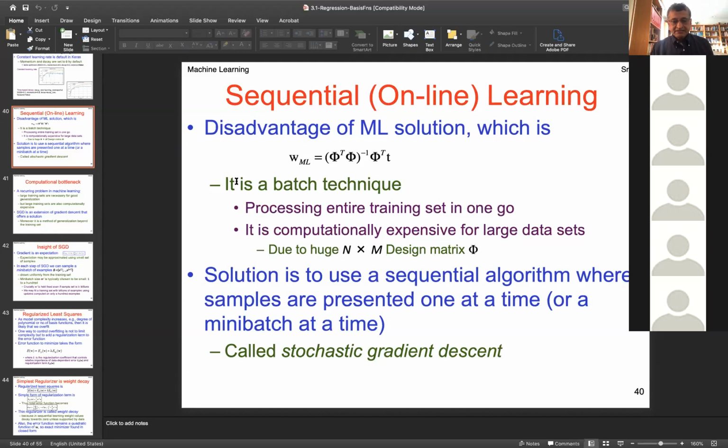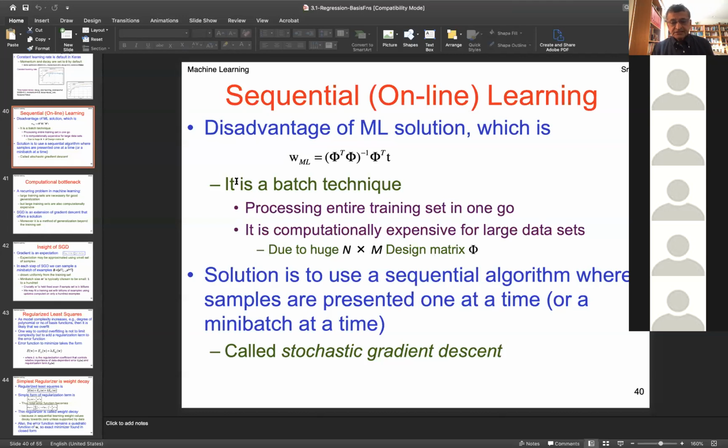We said W_ML is the maximum likelihood solution for W, which is actually the machine learning solution for W as well, written in this peculiar way: phi transpose phi inverse times phi transpose times t. That is the Moore-Penrose inverse of the matrix phi, which is nothing but the design matrix, with rows and columns arranged appropriately.